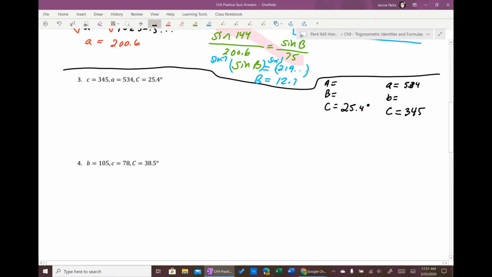Sorry I gave you such big numbers. I think I just got these from the book. We are going to be using law of sines because we have an angle and a side next to each other. And we do have to check for a second triangle because you're only given one angle and it's not obtuse. So you do have to check for a second triangle.